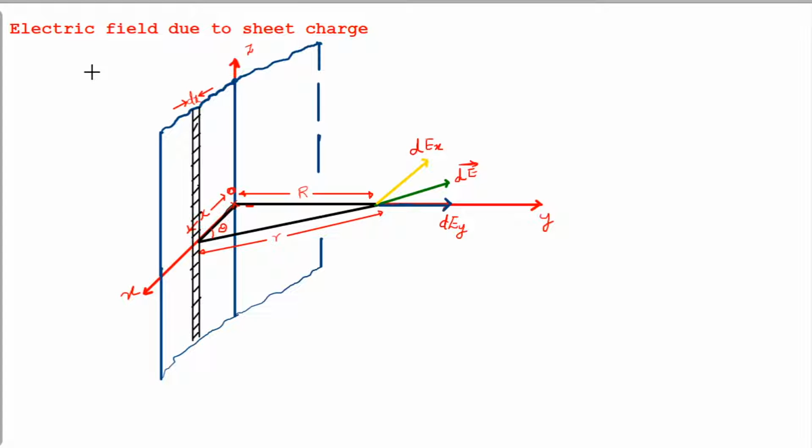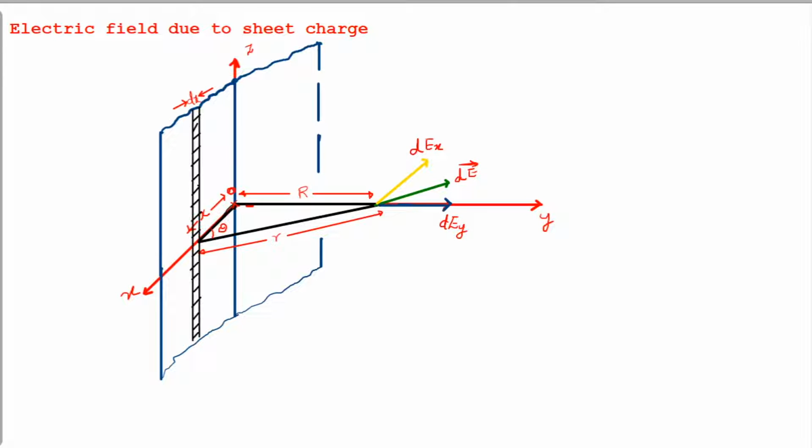So a sheet charge is the best example for a surface charge. Before going to the diagram which you can see on the board, I would like to remind you that the line charge was made up of so many point charges.